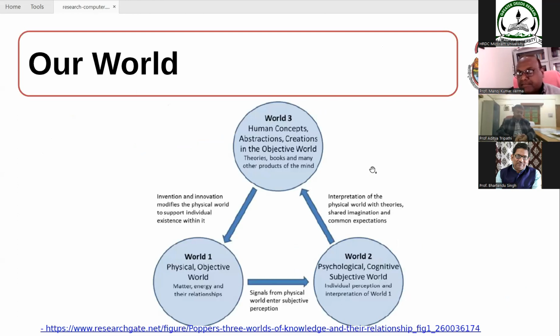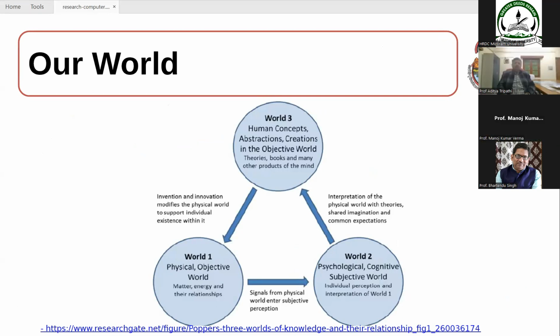So now coming to the kind of world we are living with, there are three kinds of world. When you are working, there is a physical world, and there is another world where we do our research and all that.